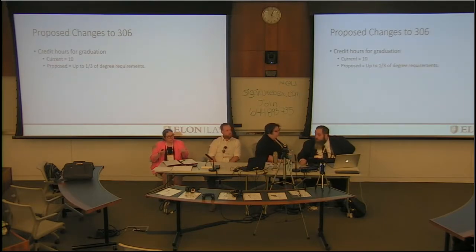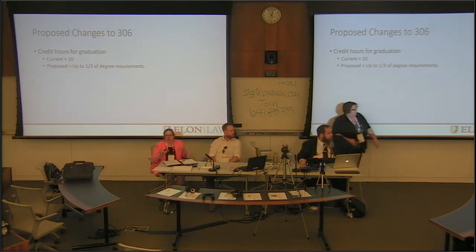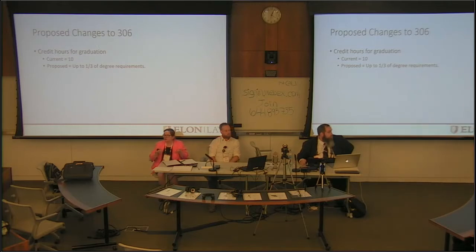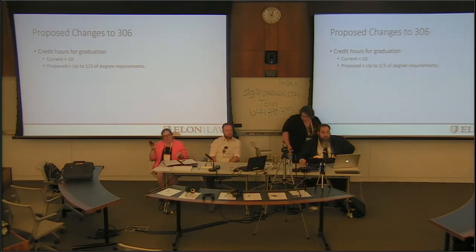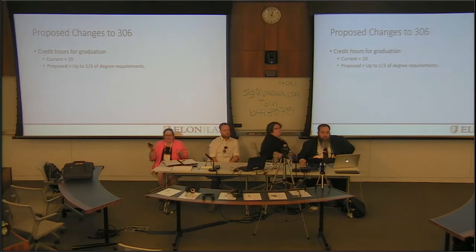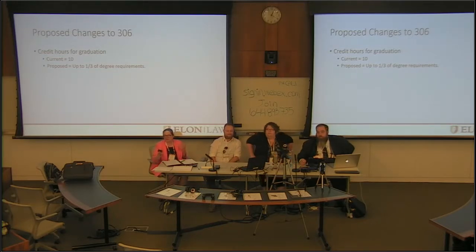Under the old standards, we could have 10 credits of distance education, which would count towards your degree. The proposed standard is for it to be up to one third of your degree. So looking at what is the minimum number of credits and what is generally the maximum number of credits that are required for graduation, that means a student could now have between 28 and 30 credits towards graduation through distance education.